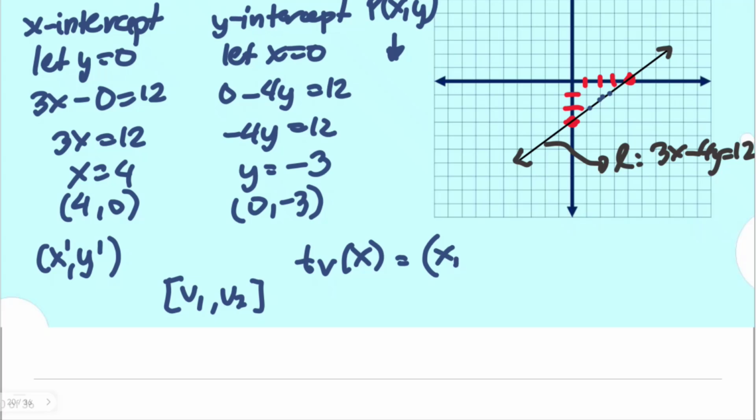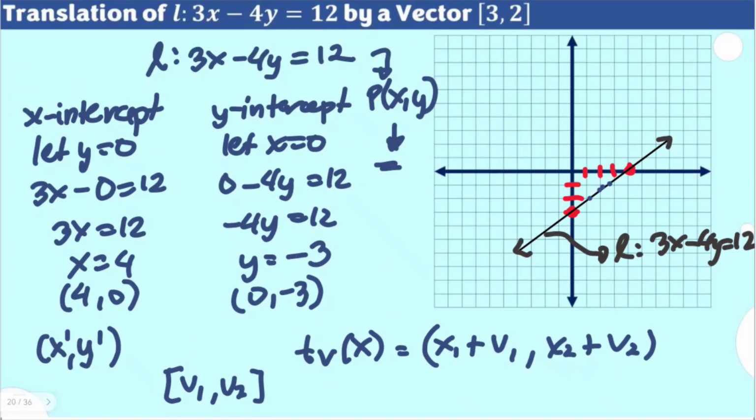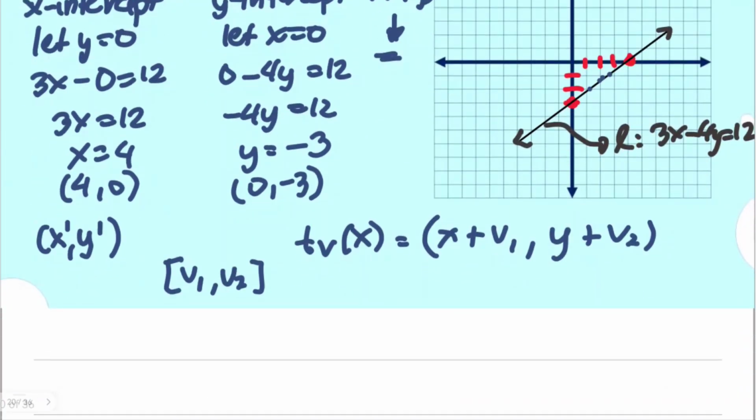It would be x sub 1 plus v sub 1, and the second component x sub 2 plus v sub 2. But since we denote all points in our given line as x and y, we can change it in this manner: just x, and this is just y. So that's for every point.